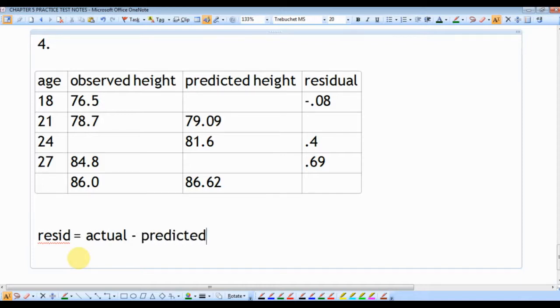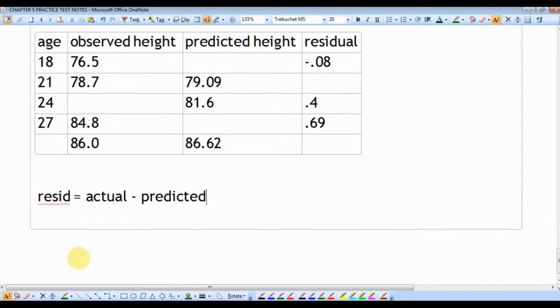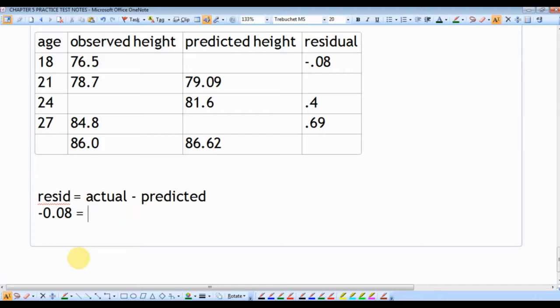That's the key here. If we take a look at that first line, the residual negative 0.08 is equal to the actual, which in this case would be observed, 76.5. That's also y. Minus predicted. We don't know what the predicted is, so I'll leave an x.